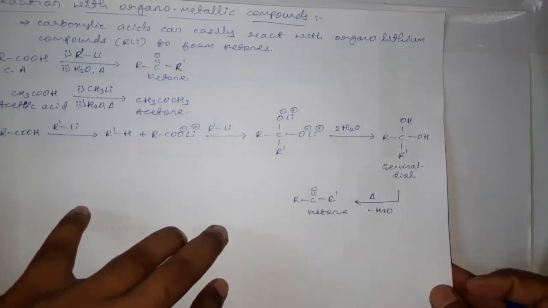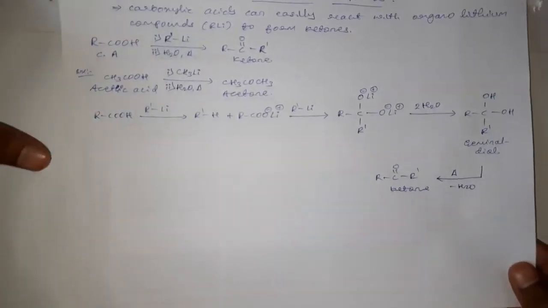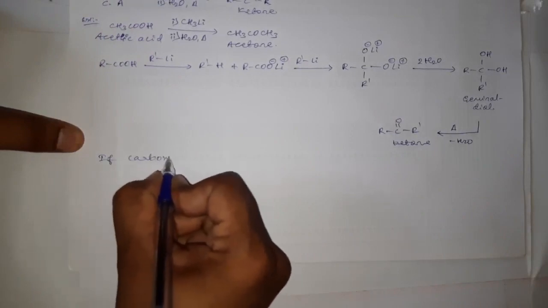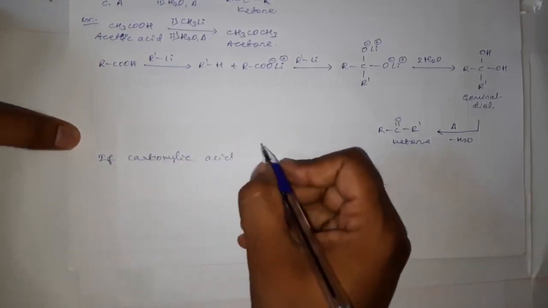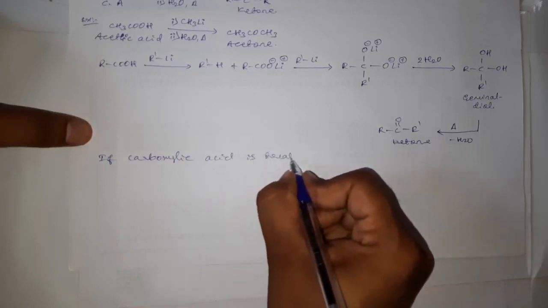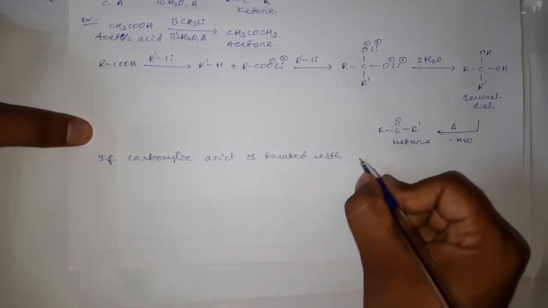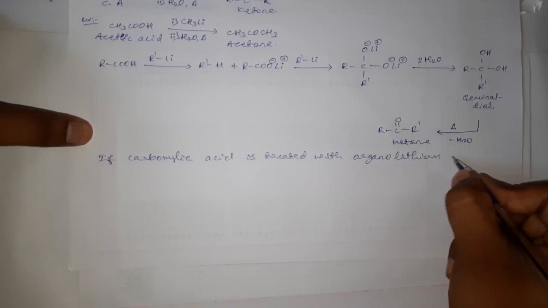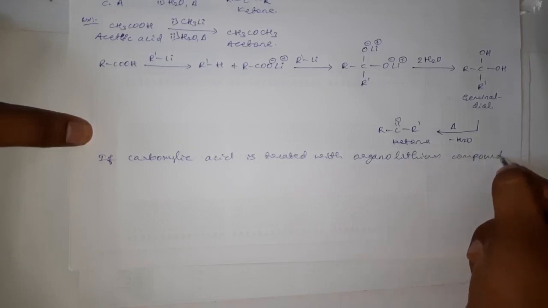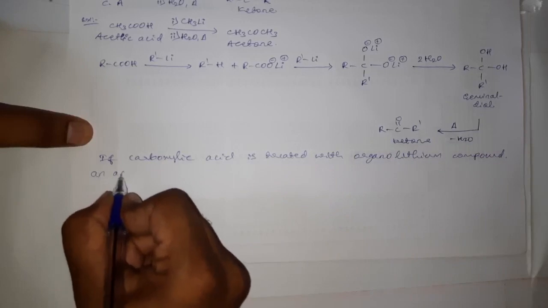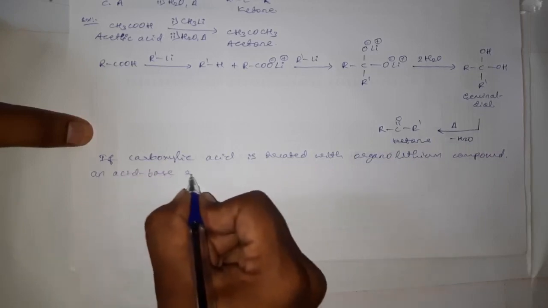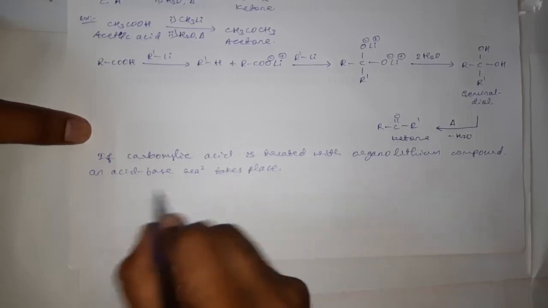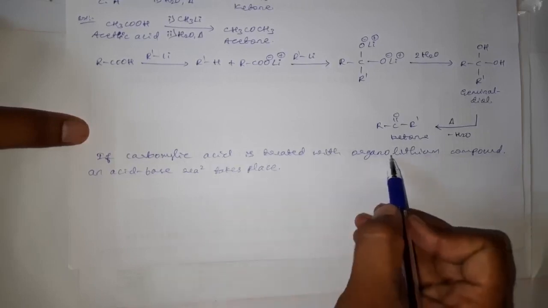Correct? Then how can we write this in words? See, if a carboxylic acid is treated with an organolithium compound, an acid base reaction will take place between the carboxylic acid and the organolithium compound.